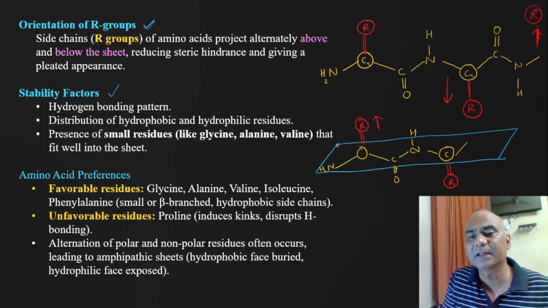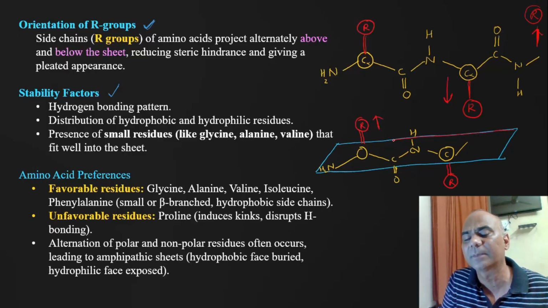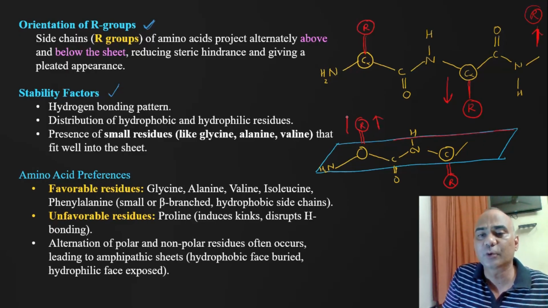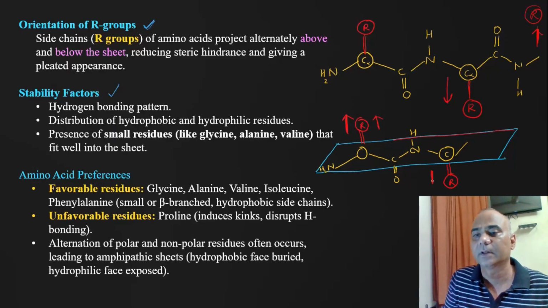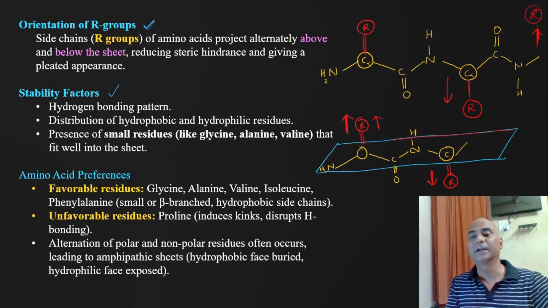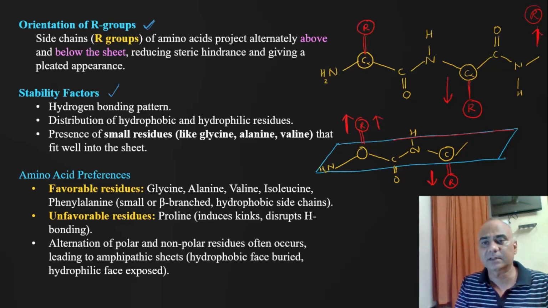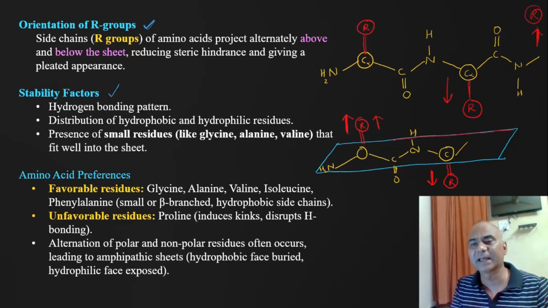So if you consider this as the plane of the paper, then the first alkyl group is projected outside the plane of paper, the next alkyl group is projected downward, and similarly the third alkyl group is again projected upward.